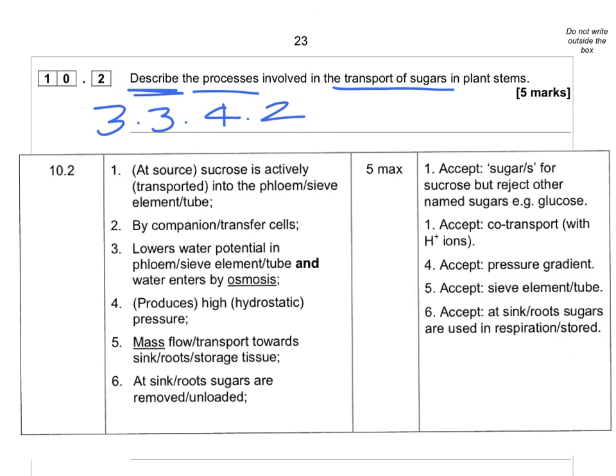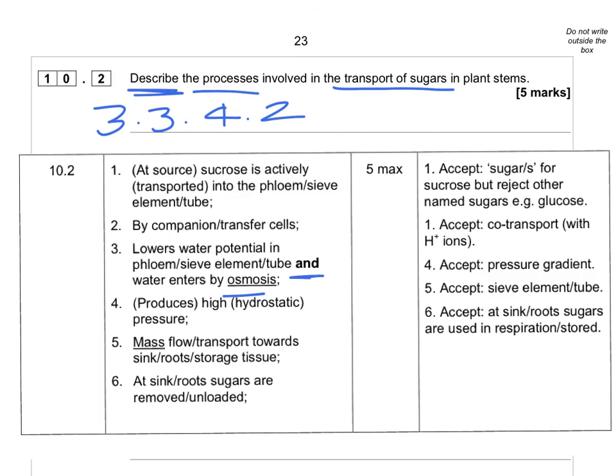So the kinds of things you need to say is sucrose is actively transported into the phloem by companion cells. This lowers the water potential in the phloem and water enters by osmosis. Notice you need to mention that water enters by osmosis. There's a higher pressure, therefore mass flow, or transport, towards the sink or roots.